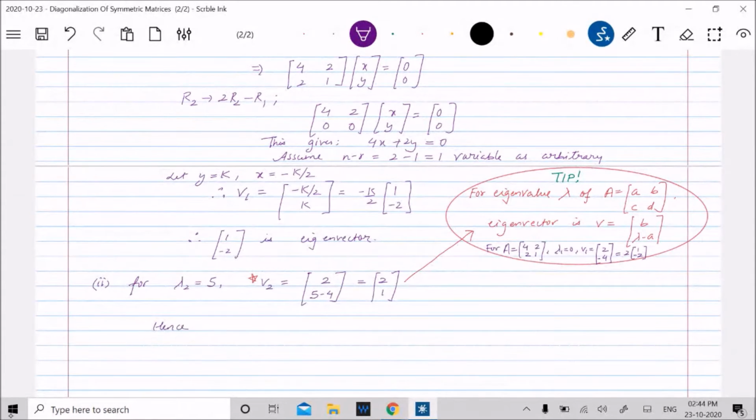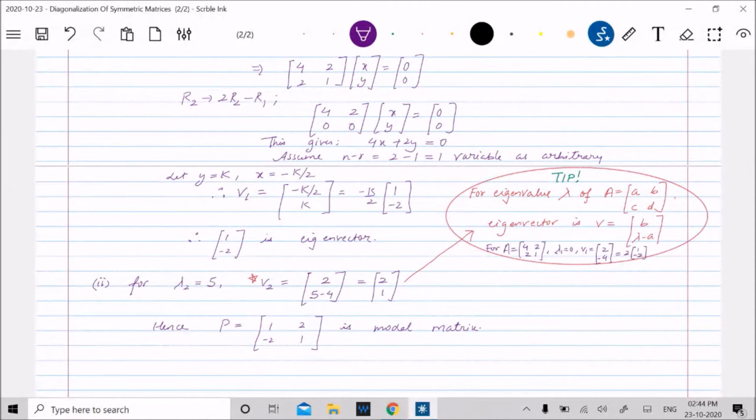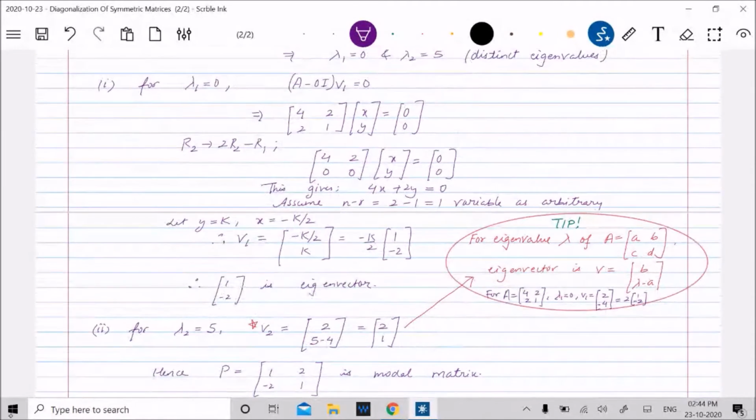Hence, P is constructed by using the first and second eigenvectors, putting them in columns. The first eigenvector was 1, minus 2, and the second is 2, 1. This is the modal matrix. But now comes an important question: what is the role of the modal matrix?